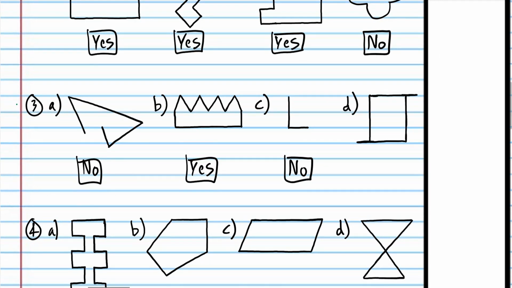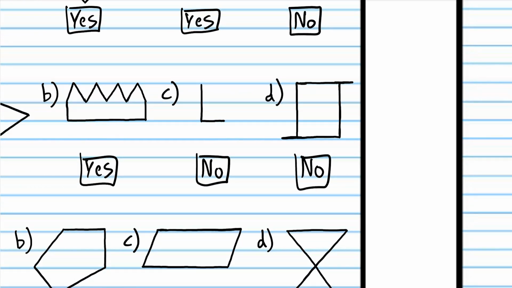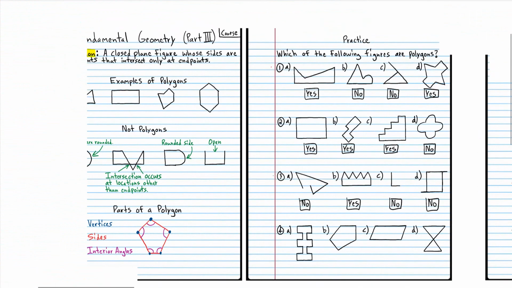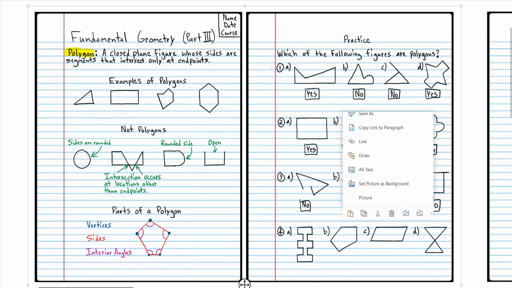And this is not a polygon because, again, the segments don't intersect at endpoints. This segment here intersects this segment, not at this point, but somewhere in between the endpoints. So that's not a polygon. Try number 4. If you got number 3 right, good. Try number 4. When you come back, we'll do it together.